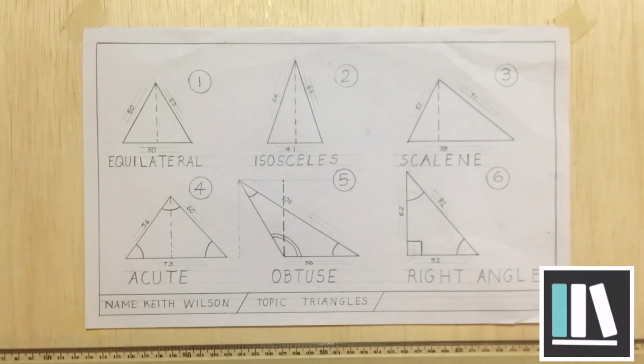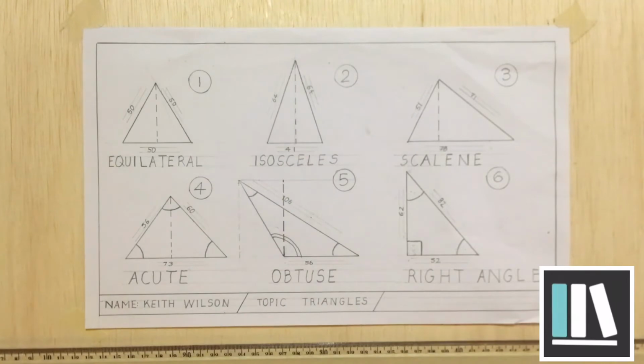Now, a little information about triangles in general before we dig into each type. A triangle consists of 3 internal angles, and these angles always add up to 180 degrees, right?